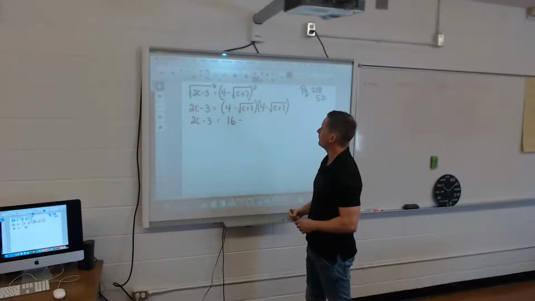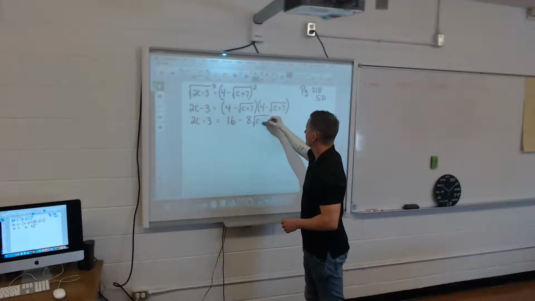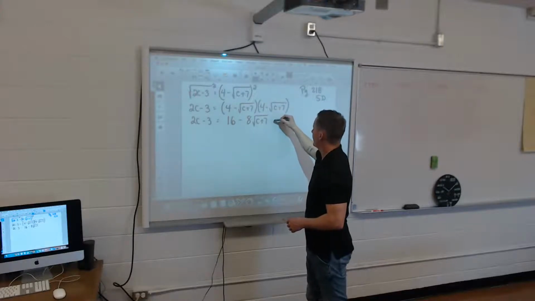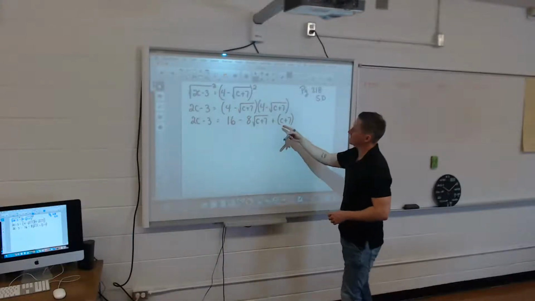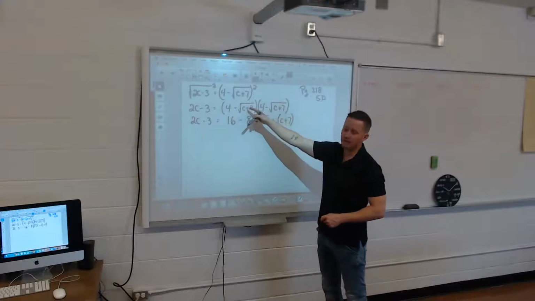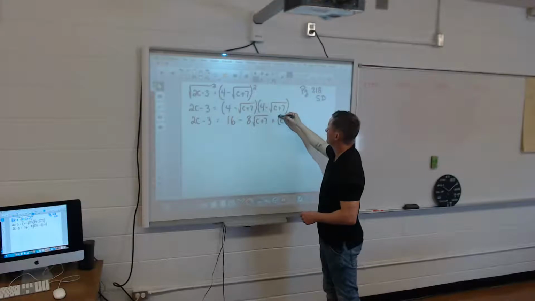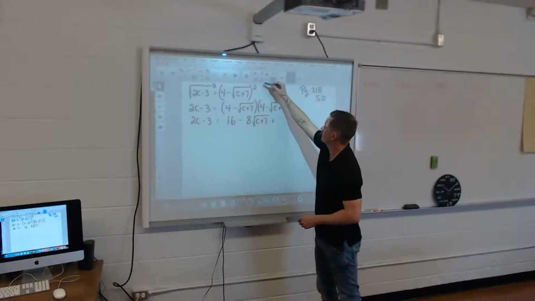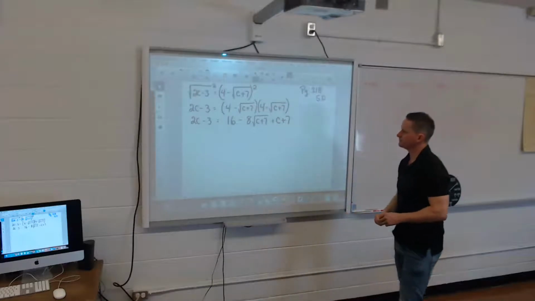This is also negative 4 root c plus 7. That gives me negative 8. I like to put this in brackets as well, just so that I know it's there. So root c plus 7 times root c plus 7 is c plus 7. I'm just going to erase that because there's no negatives. So that's what I have.